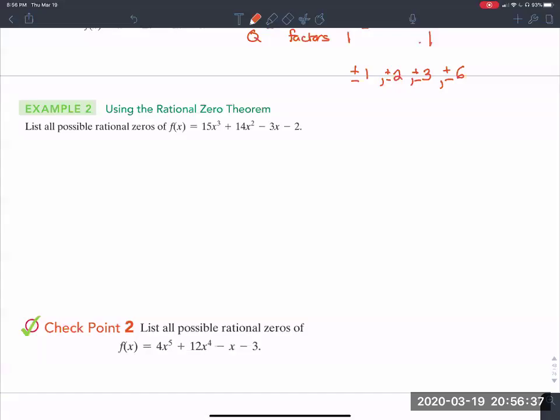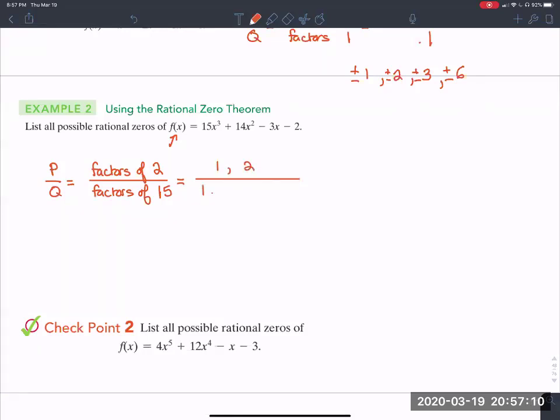Okay, so let's walk through these. If we have solutions to this polynomial, then the solutions are p over q, which are factors of 2, which is my constant term, over factors of 15. So factors of 2 are 1 and 2.